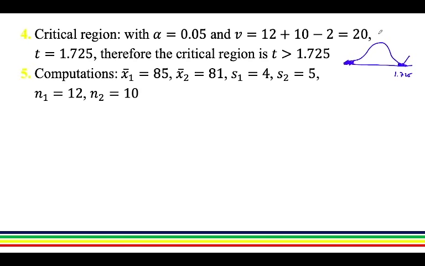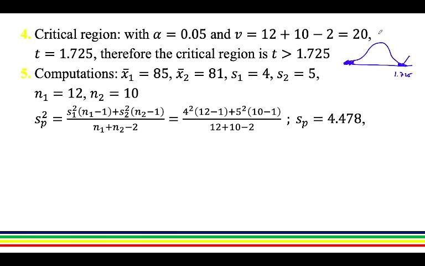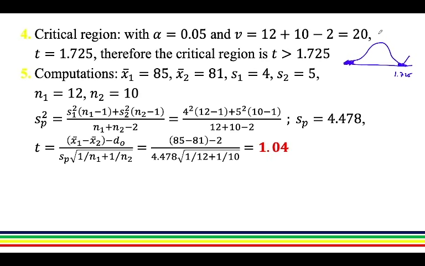The next one is to compute for our t value given all of these values from the problem. Solving first the S sub p, that is equivalent to 4.478, and then solving for t, we have 1.04.